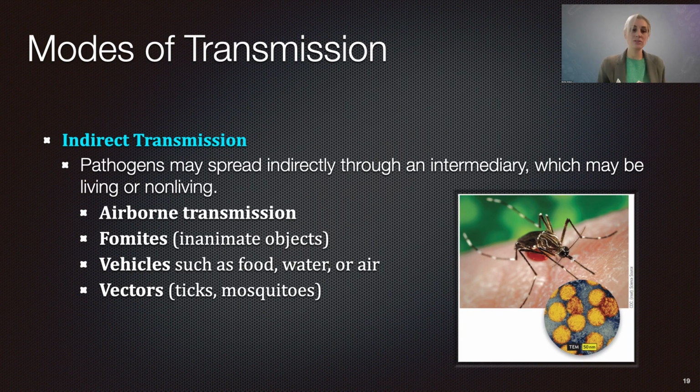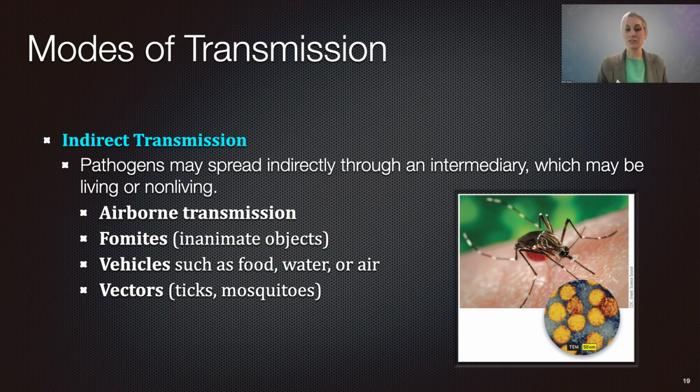We know that microorganisms can move from the Sahara desert all the way over to the east coast of the United States and down. So microorganisms can be transmitted through the air, also through fomites, inanimate objects, so things we touch around us, maybe like a pencil, our notebook, a laptop.